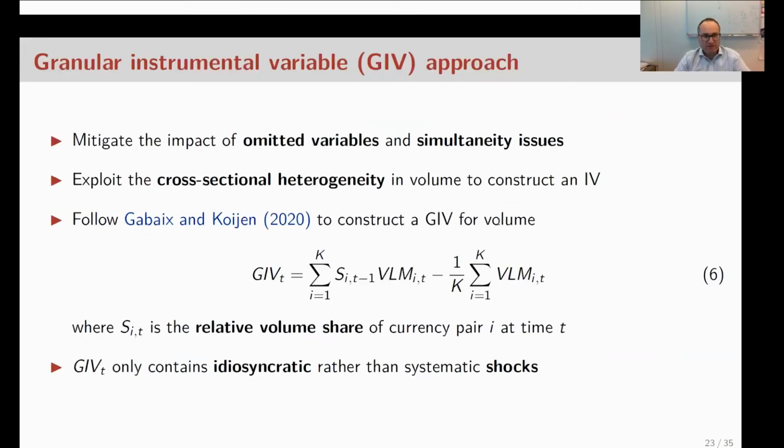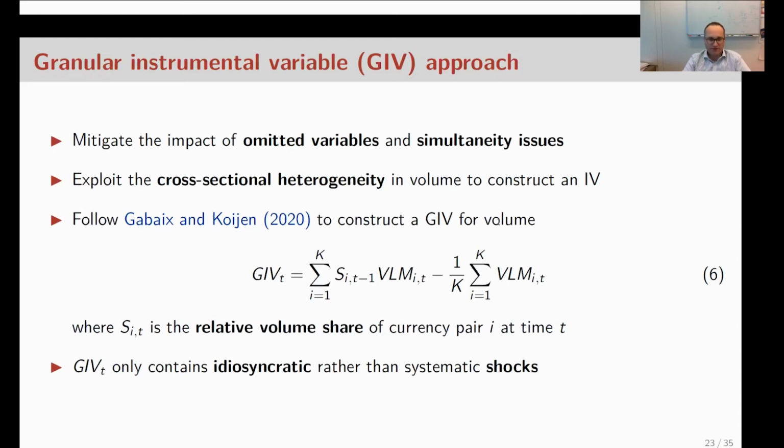And then a last check that I wanted to mention to you is that we're using the granular instrumental variable approach that has been recently popularized in the work by Gabaix and Koijen. So basically, the idea is that we exploit some of the granularity in the data. We know that in FX markets, there is a lot of difference between, for example, a relatively important currency like the euro versus, let's say, the Norwegian krona.